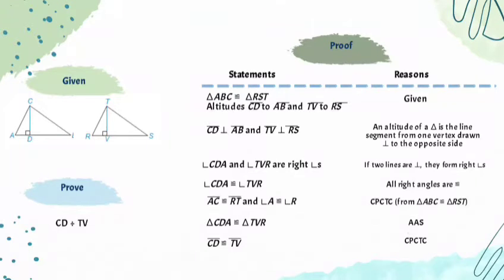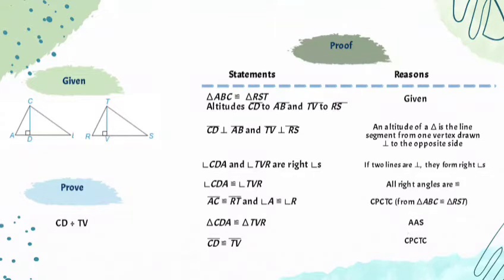The reason: an altitude of a triangle is the line segment from one vertex drawn perpendicular to the opposite side. The third statement: angle CDA and angle TVR are right angles. The reason: if two lines are perpendicular, they form right angles.